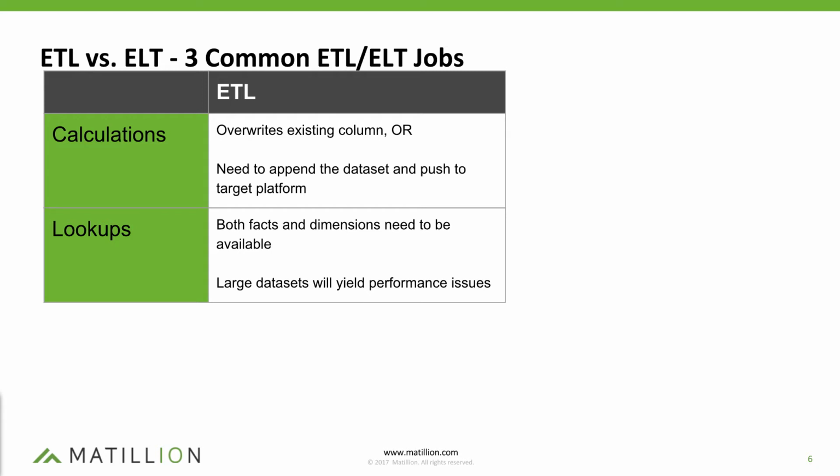Traditionally, you would go row by row, and for each value, you perform an API lookup or execute a function which then brings back the appropriate key from the dimension, which is then appended to the data and pushed to your target server as such. This is usually absolutely fine. I think the only constraint you would have is you would need both your facts and dimensions, or whatever sources are helping you with this data, to be available at that point in time.